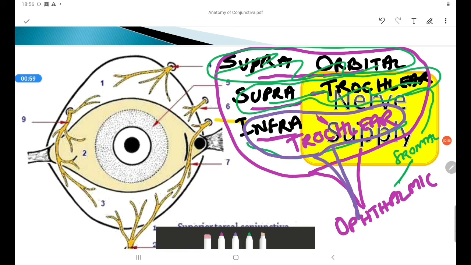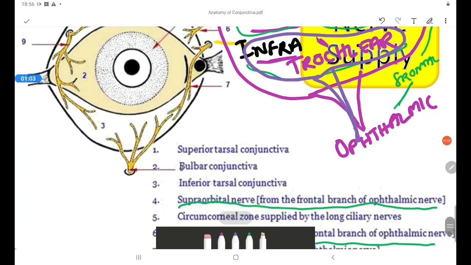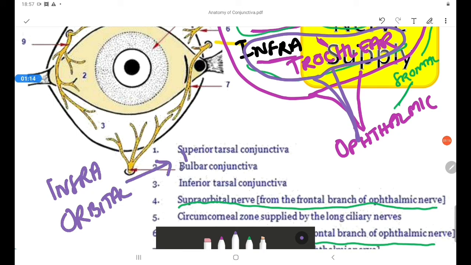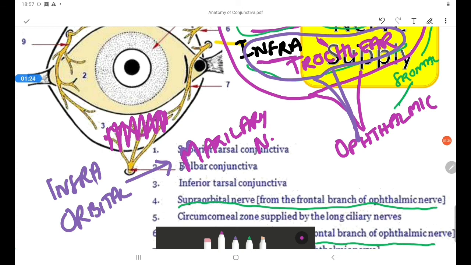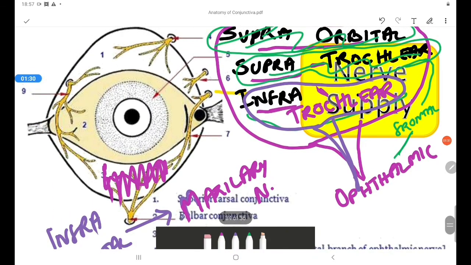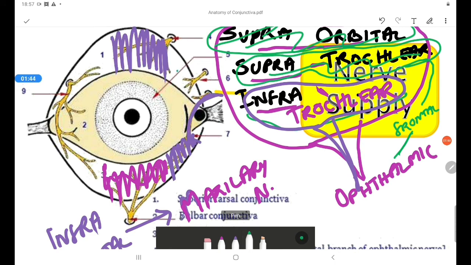Now, proceeding further to the other branches, there is the infraorbital nerve, a branch of the maxillary nerve, which, as you can see, supplies the inferior part of the lid, and the infratrochlear supplies the medial part of the lower lid, and the superior part is supplied by the supraorbital as well as contributions from the supratrochlear, providing the sensation.